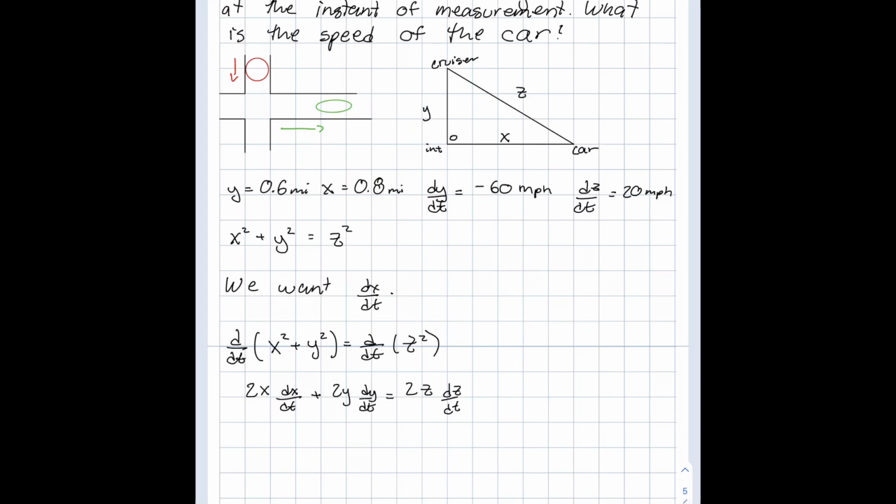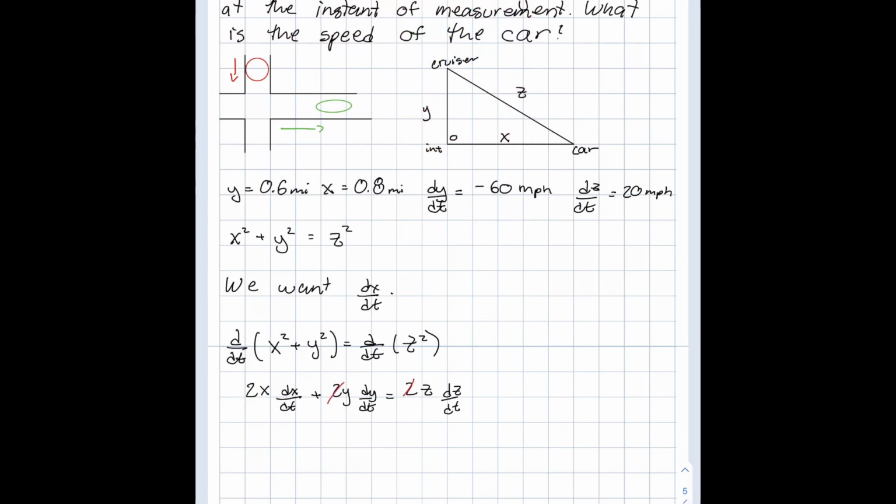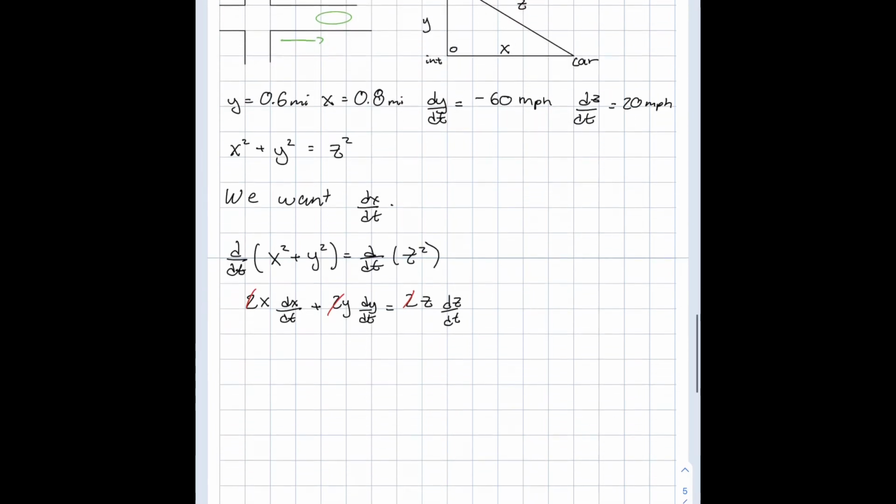Every term has a 2 in it, so I can cancel out these 2's. If I divided by 2, it would have been the same thing. So now I'm left with x dx/dt plus y dy/dt equals z dz/dt. Okay, cool.